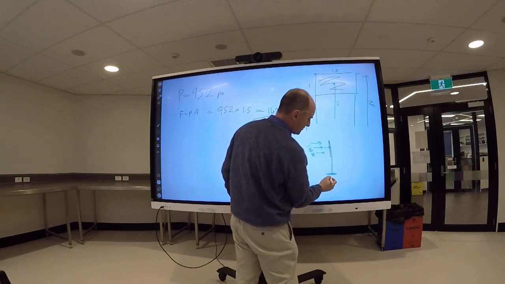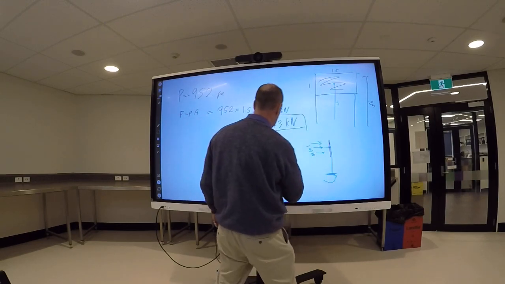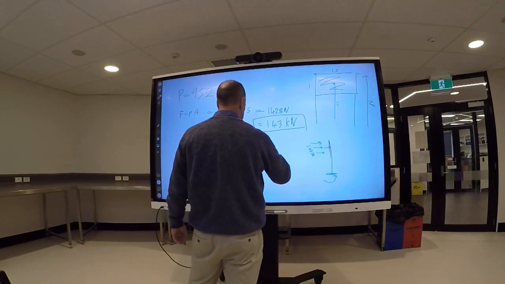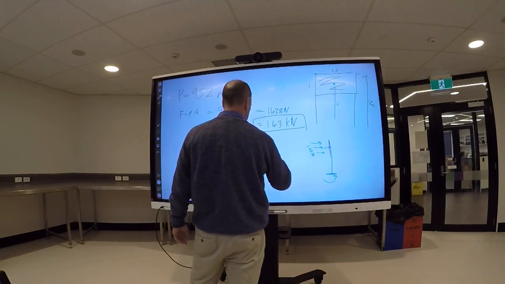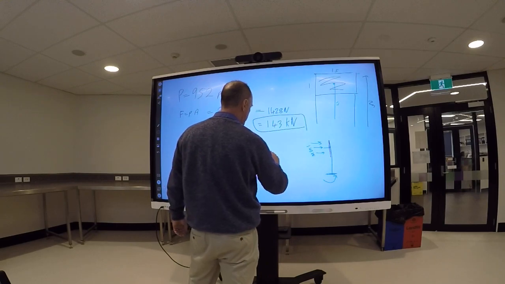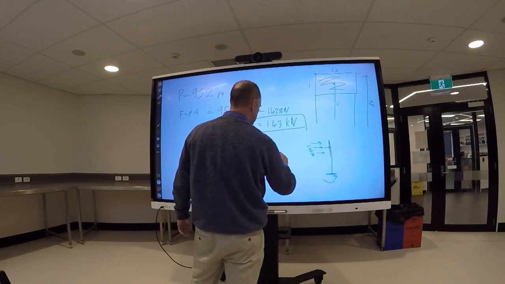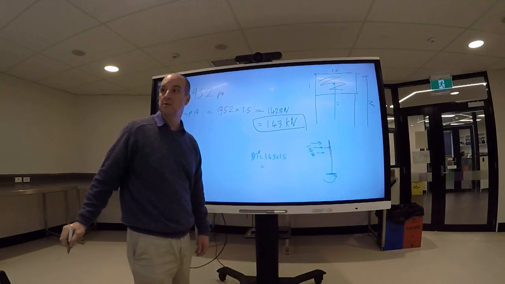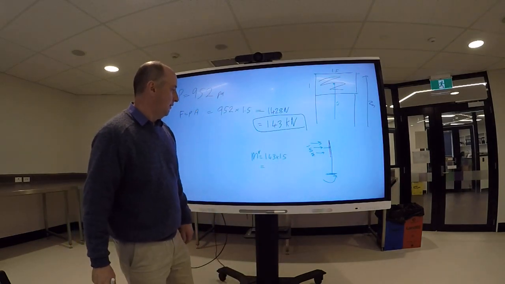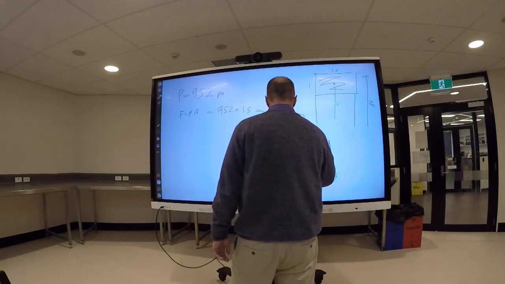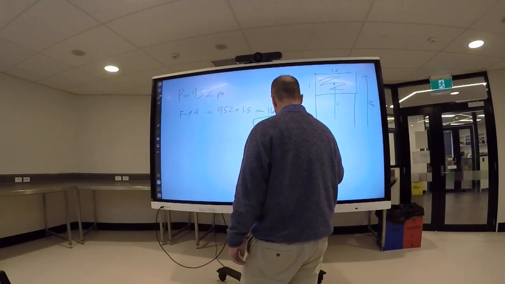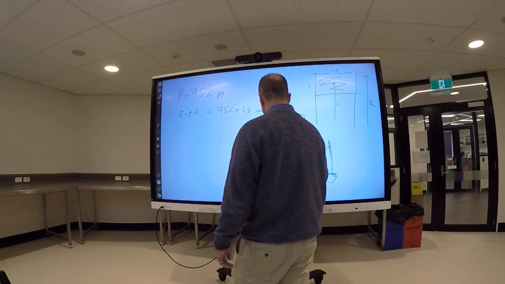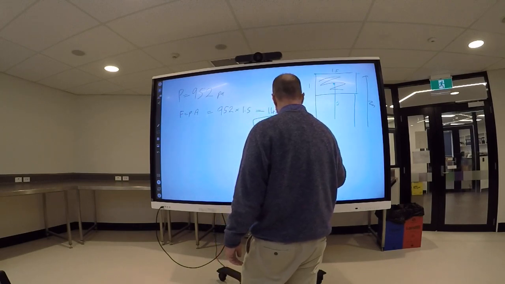So the bending moment at the bottom is M star equals 1.43 times 1.5, which equals 2.15 kilonewton meters.